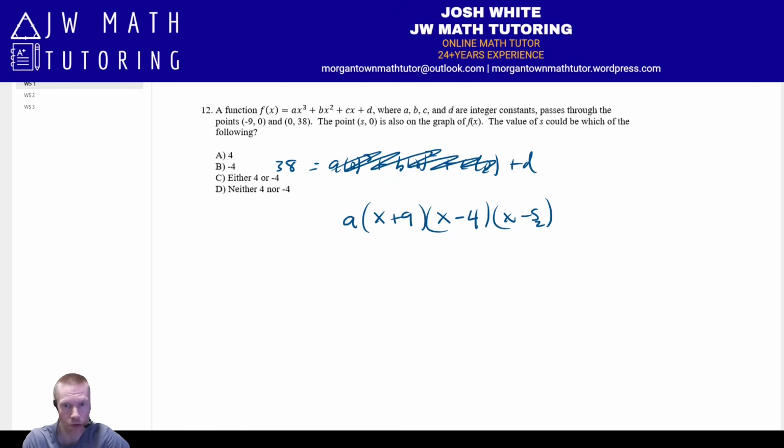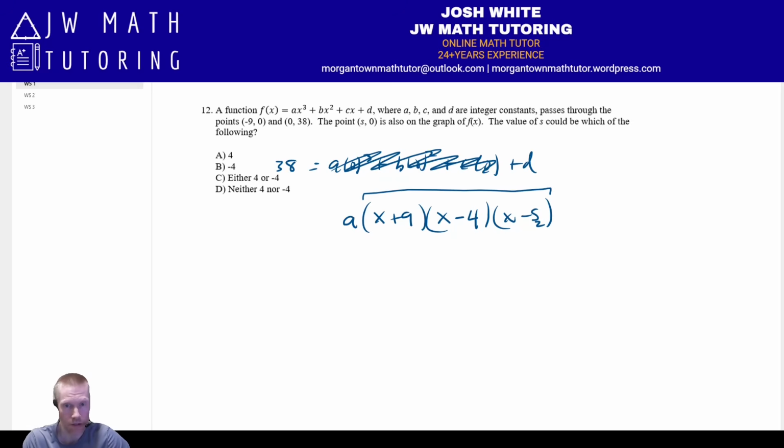You use FOIL on the first two parentheses, and then you take that trinomial, which is going to be x squared plus 5x minus 36, and you multiply it by this other binomial here, the x minus the third x-intercept.